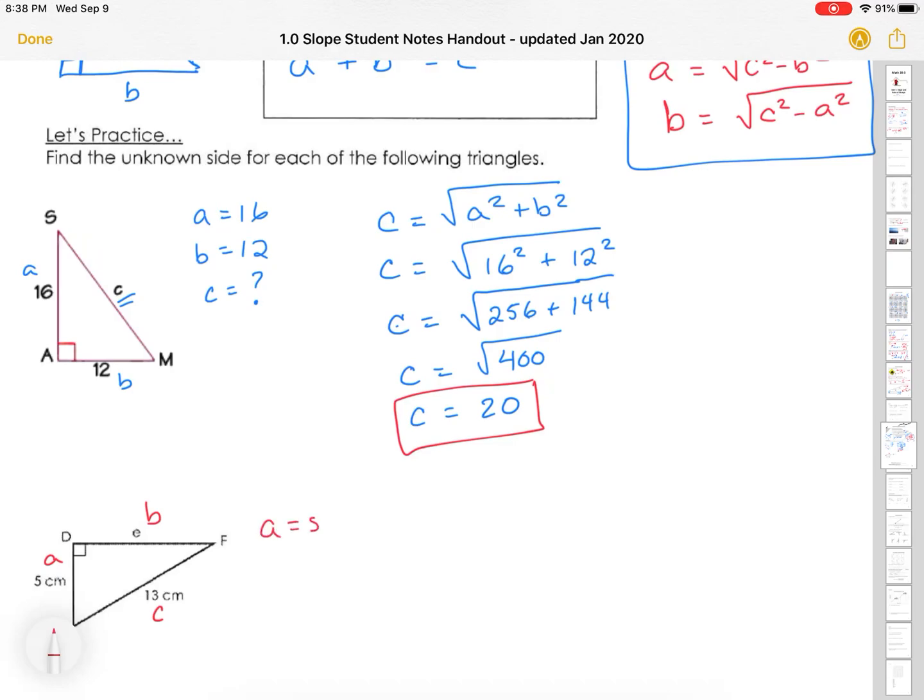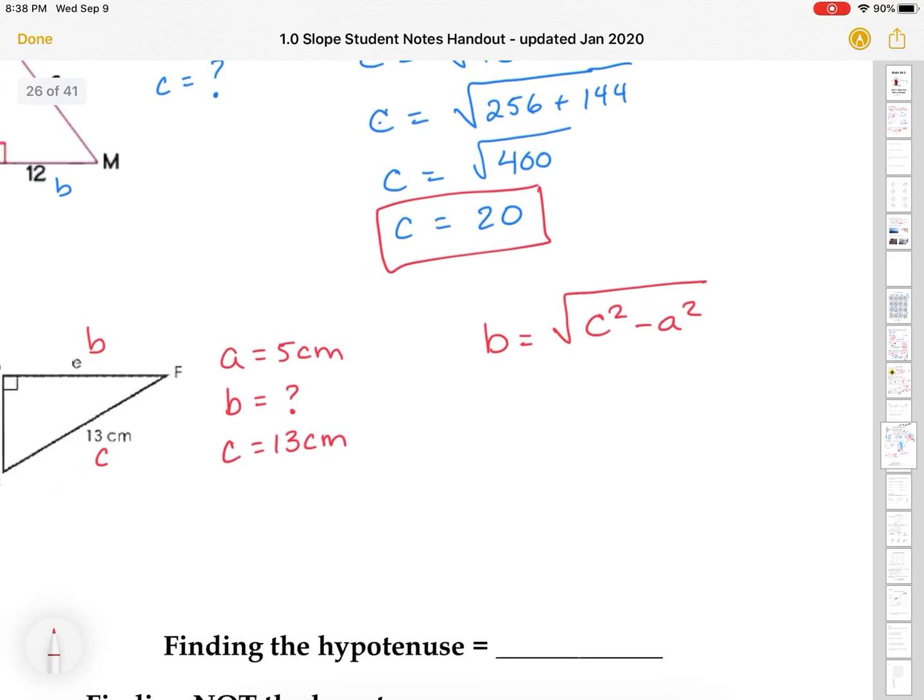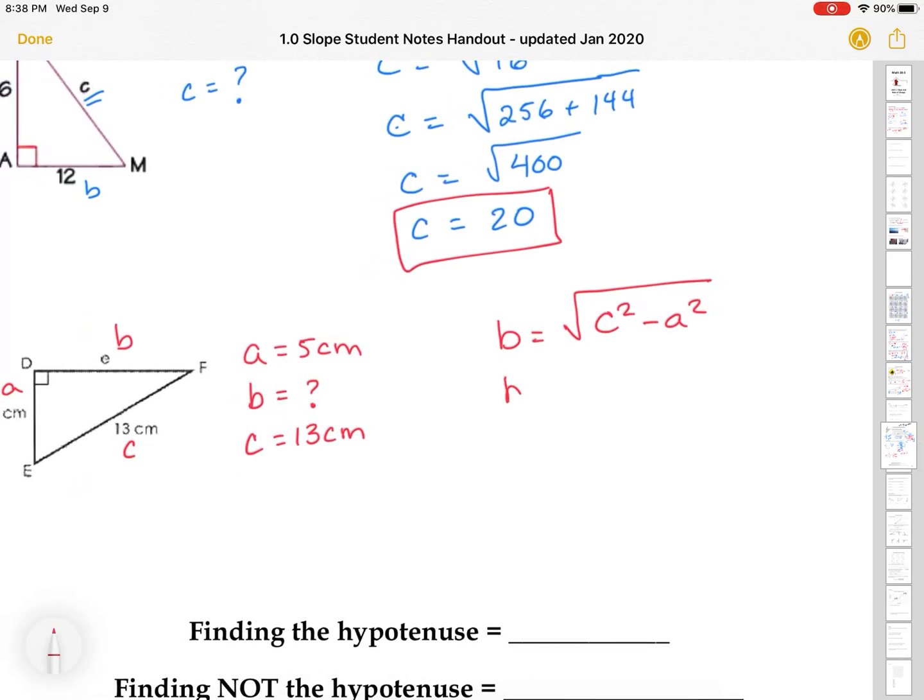Okay, so based on this, a equals 5 centimeters, b we're looking for, and c equals 13 centimeters. Okay, so we're looking for b. So if we look up at the formula that we have, b is equal to the square root of c squared minus a squared. So let's substitute in and find that.